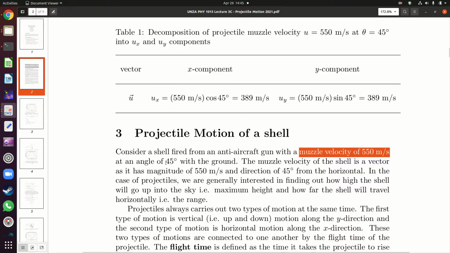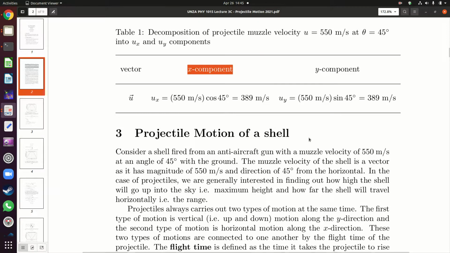So with this 550 meters per second muzzle velocity or launch velocity at an angle of 45 degrees, we can use these two quantities to find out how much is going to be the velocity of this projectile along the x-axis and how much is going to be the velocity along the y-axis. That is what is called the component. A component of a vector is how much that vector is along the direction of interest, in this case along the x-axis, which is the horizontal direction, and we also want to find out how much the velocity is along the vertical direction, which is the y component or the y-axis.